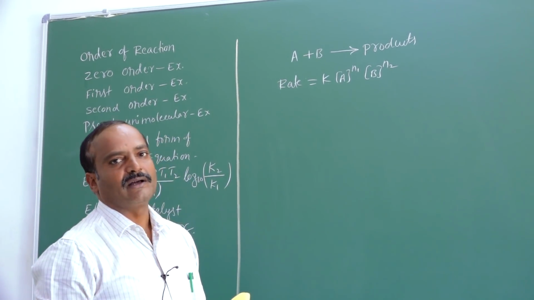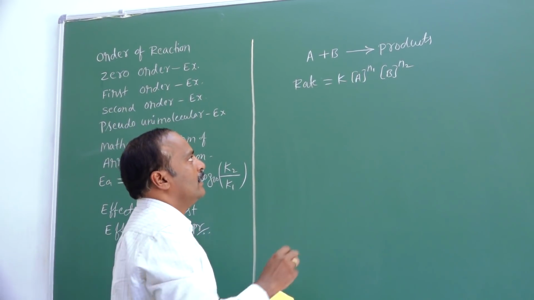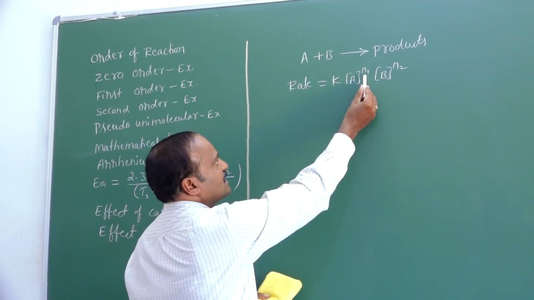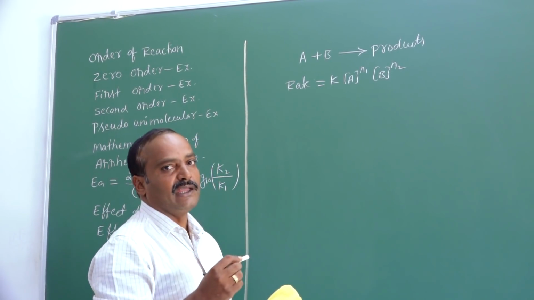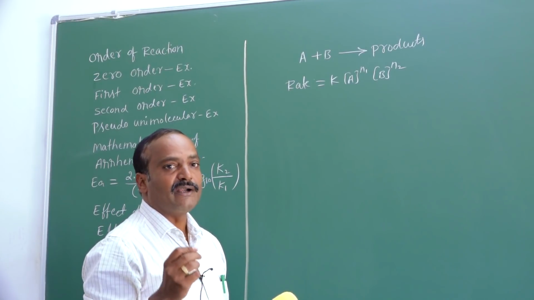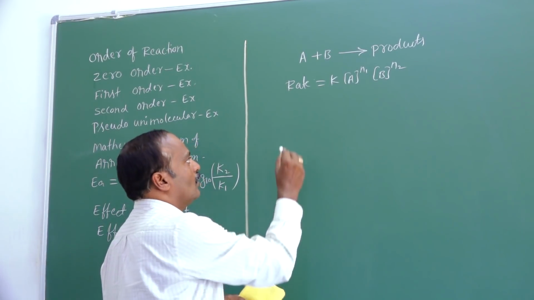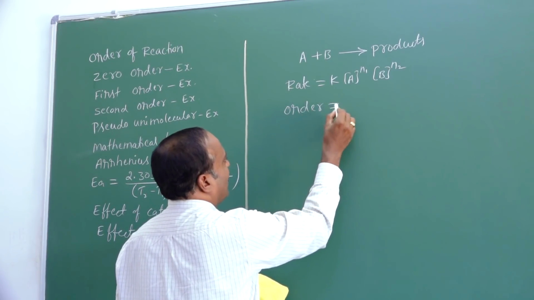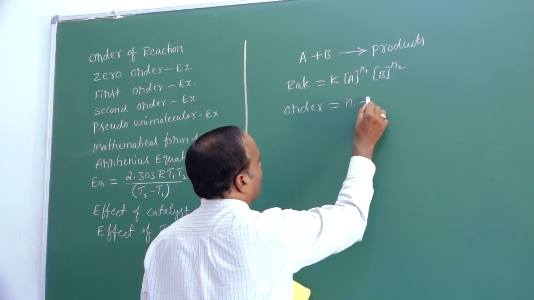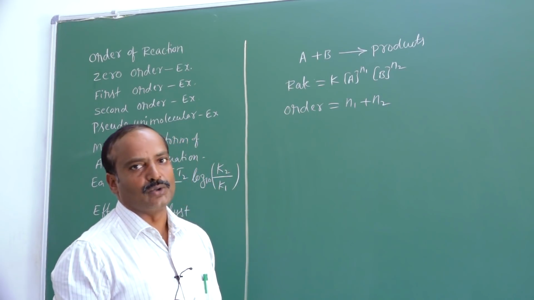K is called rate constant or specific reaction rate. N1 is the order of reaction with respect to reactant A. N2 is the order of reaction with respect to reactant B. What is the overall order of reaction? Overall order is N1 plus N2.